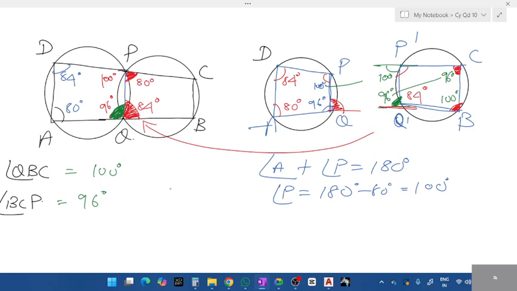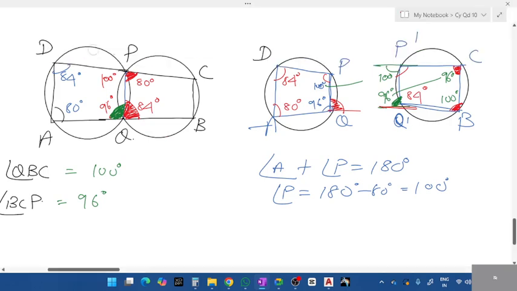Did you all check? Is QBC 100, BCP 96? Did you all understand this concept? Any doubts? We used only the exterior angle concept here.